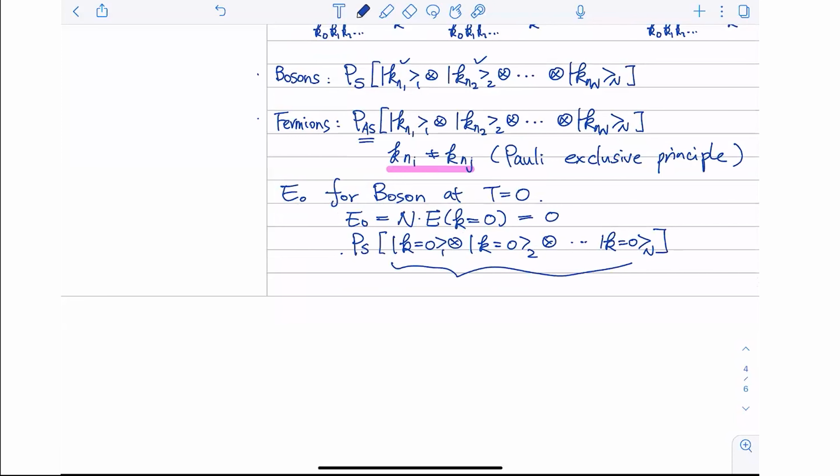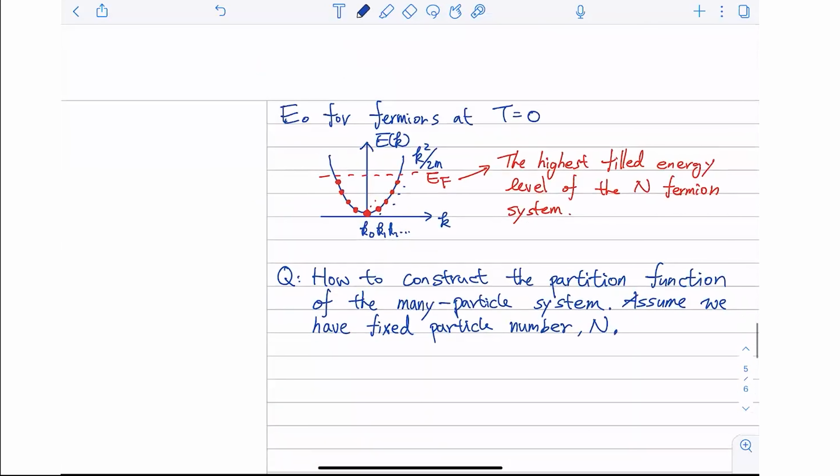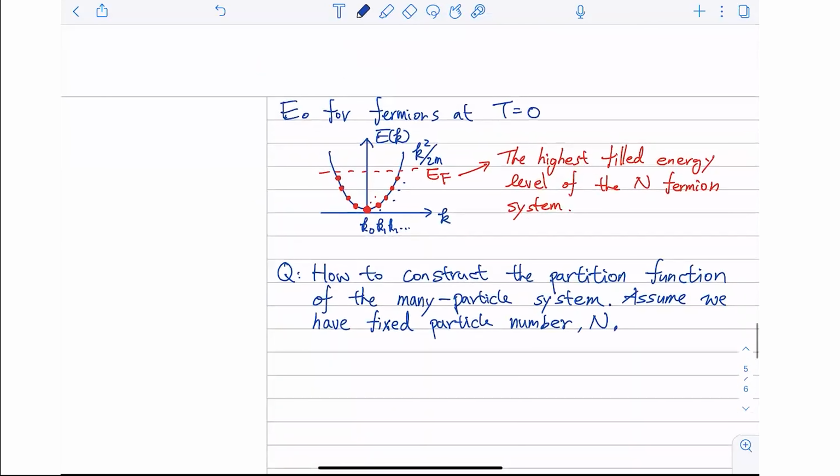For example, for the ground state of bosons we just discussed here, we have all n particles sitting at the k equal to 0 mode. However, for fermions, it is not the case because of the Pauli exclusion principle.